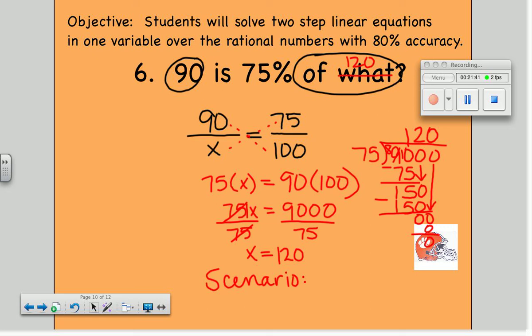Well, if there's 120 and you got 90 right, you got the rest wrong. How much is the rest? 30 questions. Well, that means 30 questions that you got wrong out of 120 must be 25%. Because 100% minus 75% is 25%. So that's how much is left. Okay? So you write yours.